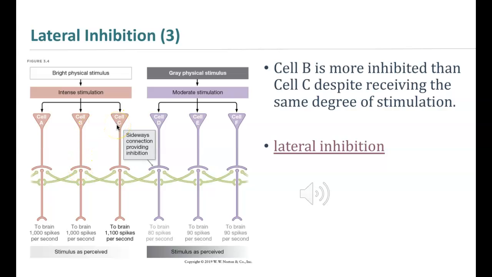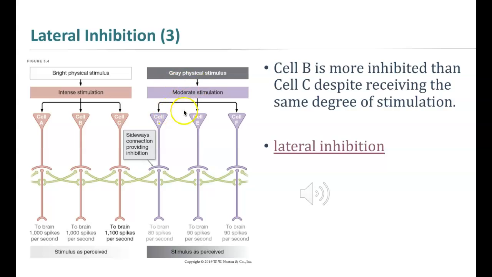Cell C, however, okay, so the amount of inhibition is going to be determined by the amount of light being received. So you get lots of inhibition when there's bright light and not so much inhibition when there's less.